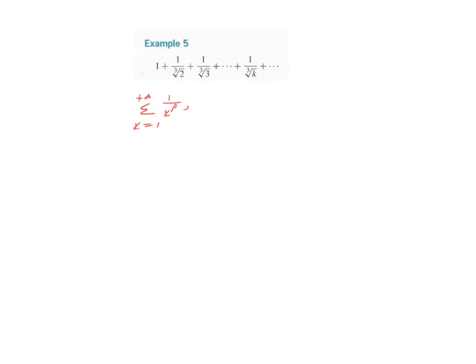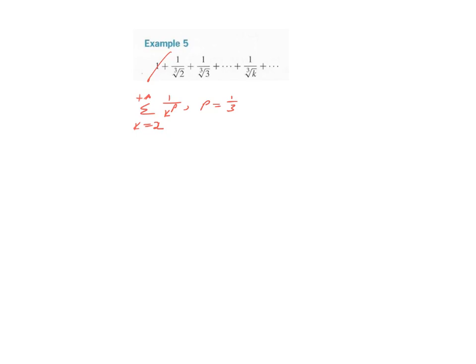In this case, p equals 1/3. However, I'm going to start it at k equals 2. That first term was throwing me. I'm like, how am I going to write that so that it looks exactly like a p series? But I forgot. We have the ability to simply delete a finite number of terms. So I'm going to start my justification with k equaling 2.